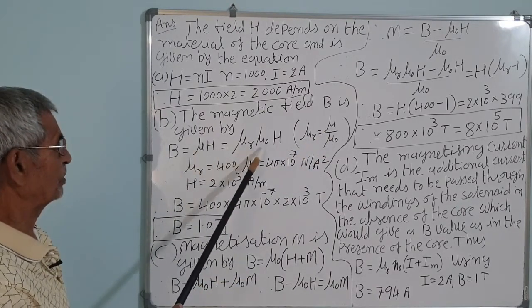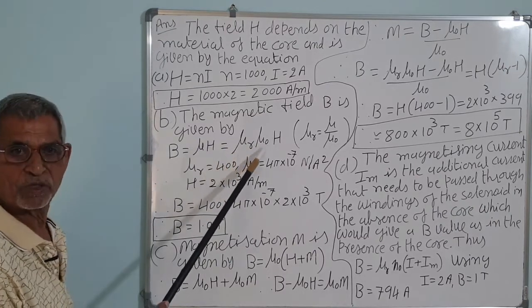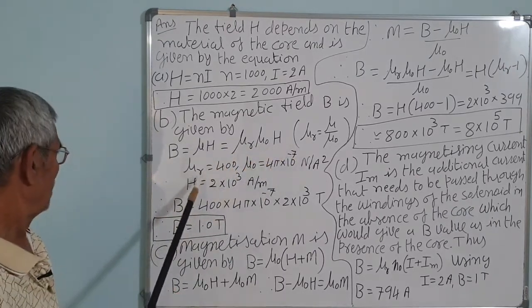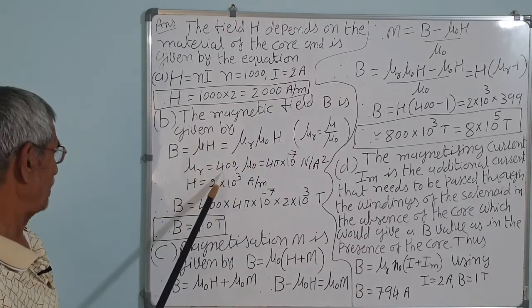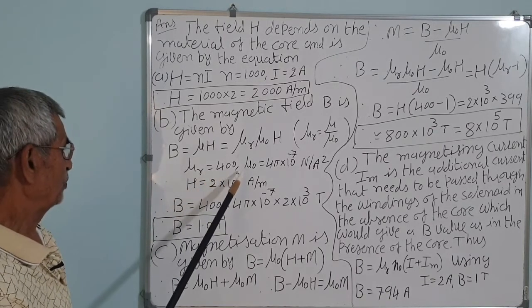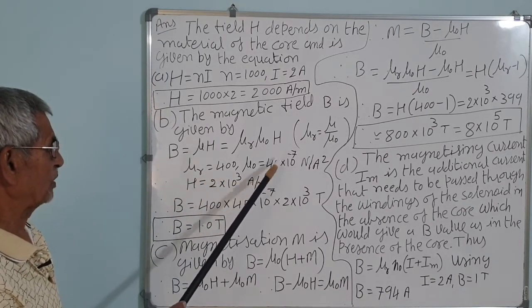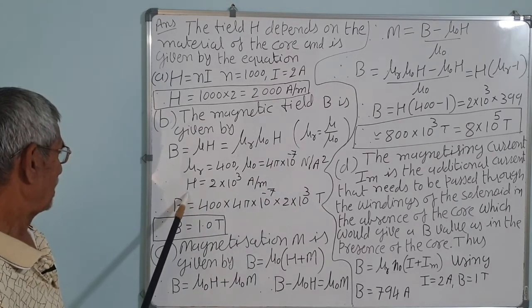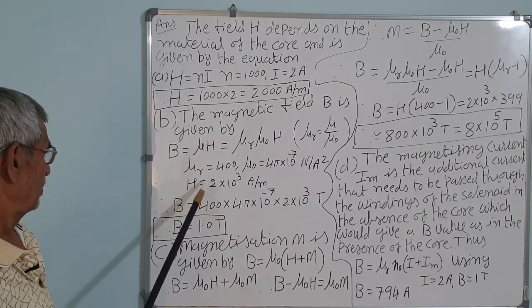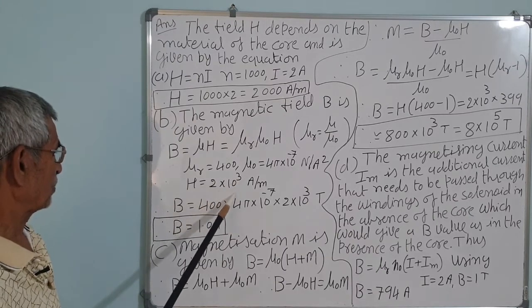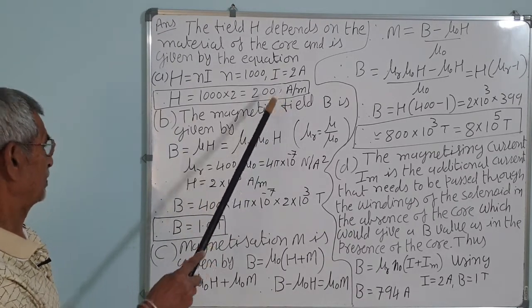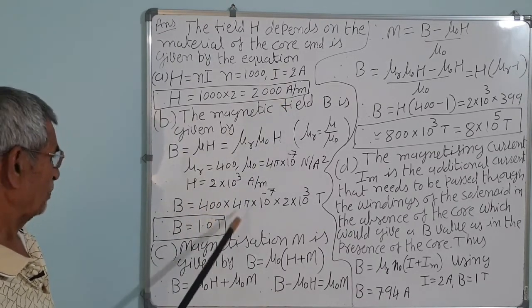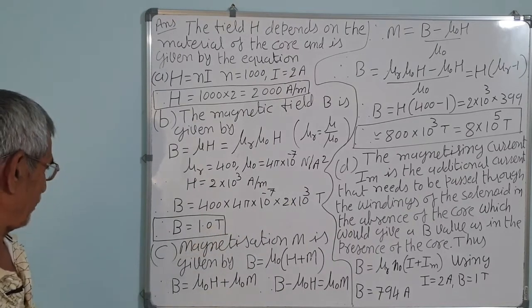So the equation becomes mu r into mu 0 into H. Mu r is already given as 400, mu 0 we already know is the constant 4 pi into 10 raised to minus 7 Newton per ampere square, and H we have already calculated, 2 into 10 raised to 3 or 2000 ampere per meter. So B is equal to this, that is 1 Tesla.